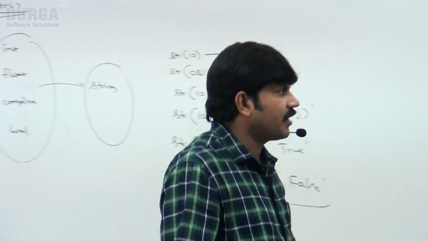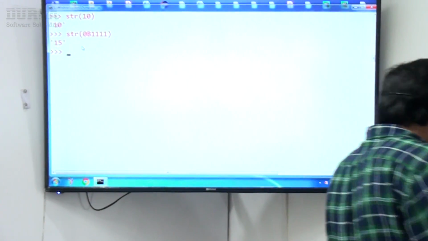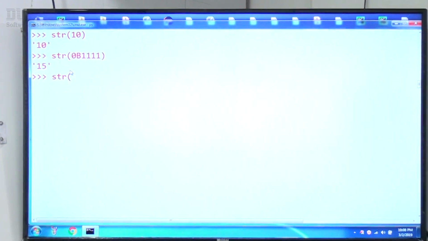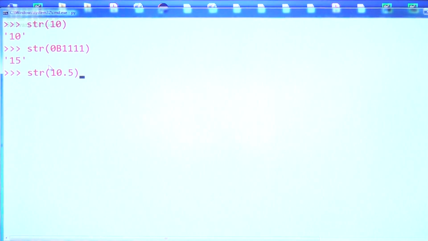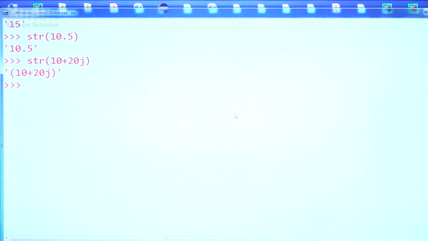Okay, have a look once at the remaining also. str of 10. str of 10.5, yes, converting into string. str of 10 plus 20j, okay, have you observed, right? 10 plus 20j. str of true I'm taking, sir, true itself. str of false I'm taking, sir, then obviously we are going to get false.